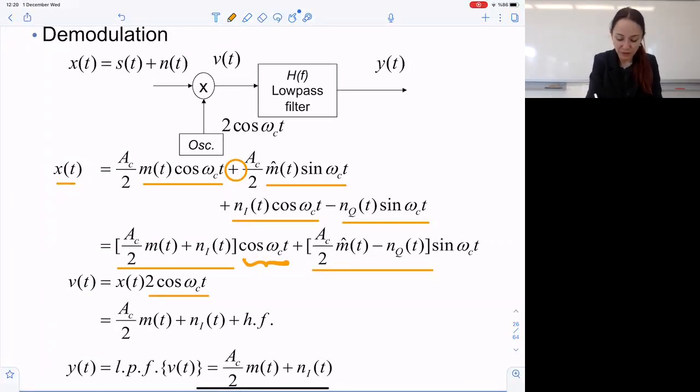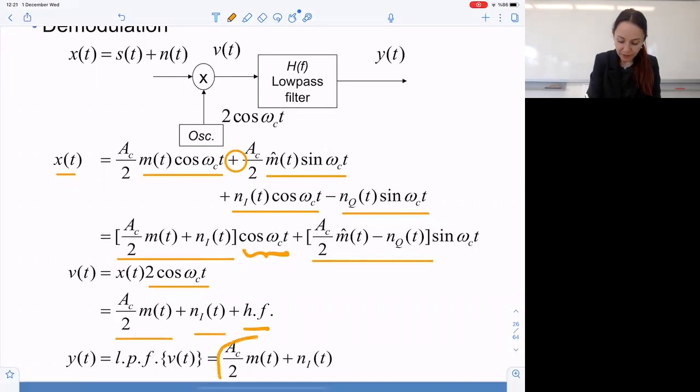We only need one mixer because we're not sending independent messages along the in-phase and quadrature branches. If we were doing QAM, that would be a different story. But this is SSB. So multiply by cosine, and you find AC over 2 m of t plus the in-phase noise plus high frequency components.